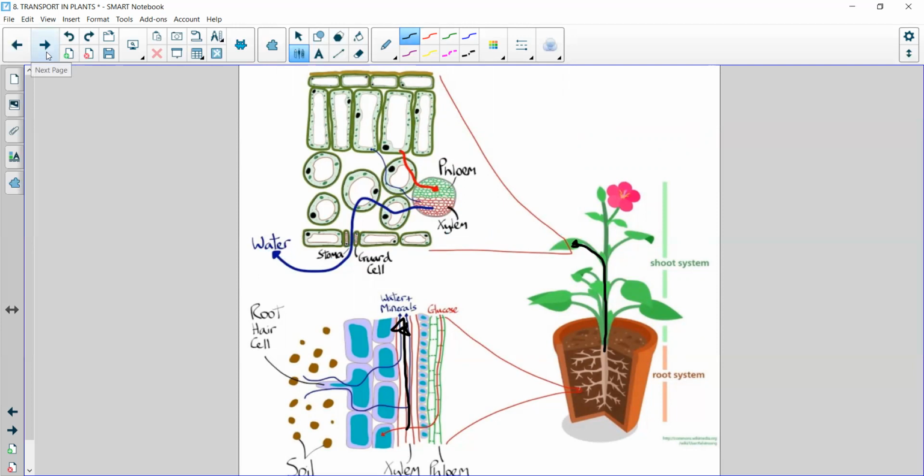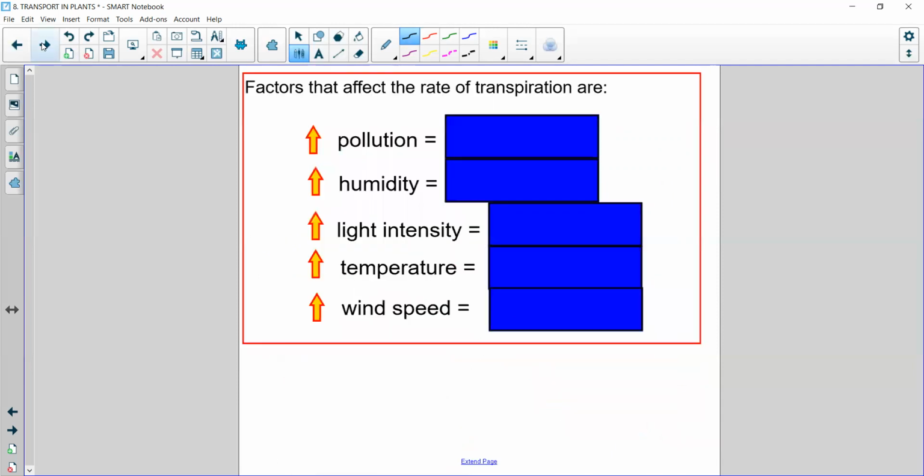Now, the rate of transpiration, the rate at which water is making this movement, can be altered, and there's a few things that can affect it. So the first thing is pollution can actually affect the rate of water loss, the rate of transpiration by a plant.